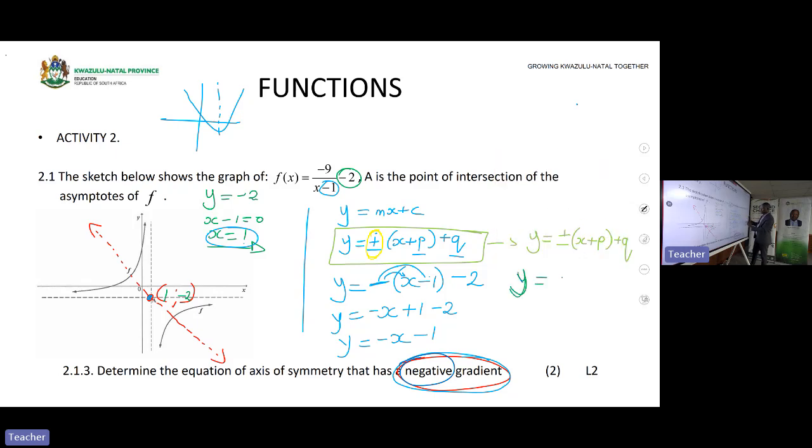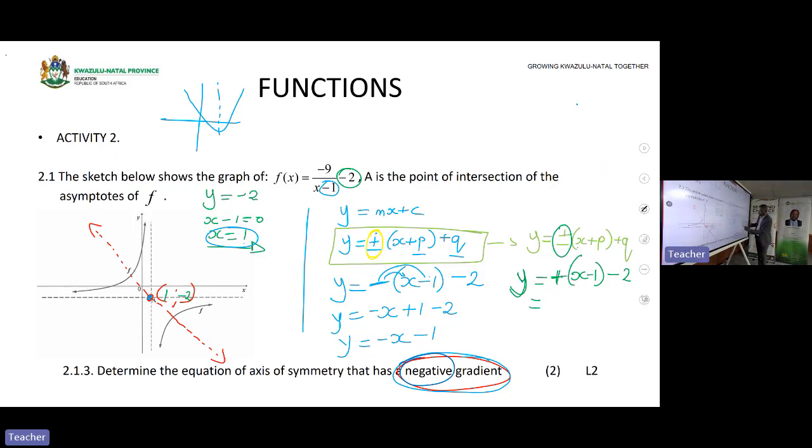We're going to say y equals, but we're going to choose positive now, because here it's supposed to be our gradient. We're going to say positive now because we're looking for a line of symmetry with a positive gradient. And then x, our p from the equation was -1. We're going to say -1. Then our q was -2.